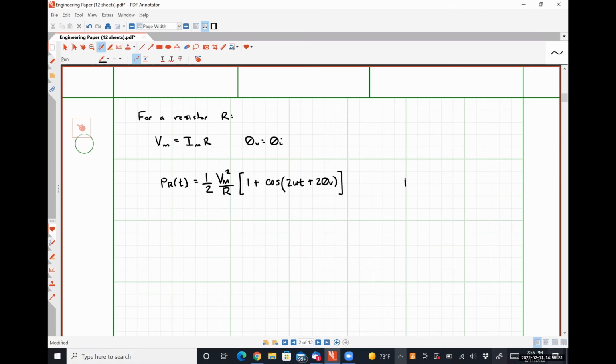And just for the sake of argument here, we can get an average power relationship as well, where our average power is just the DC portion of this instantaneous power, which is simply 1/2 Vm squared over R.